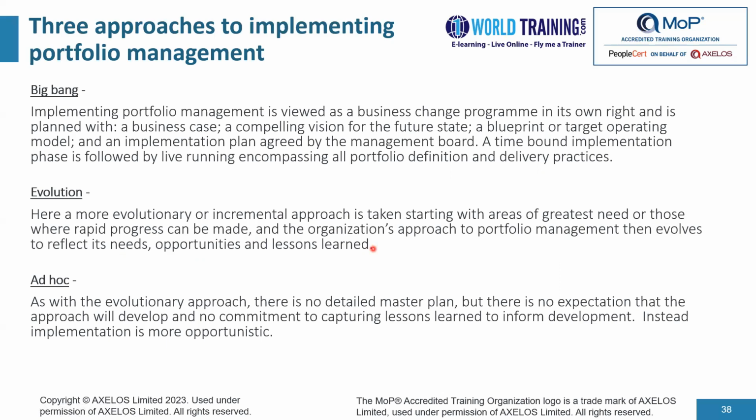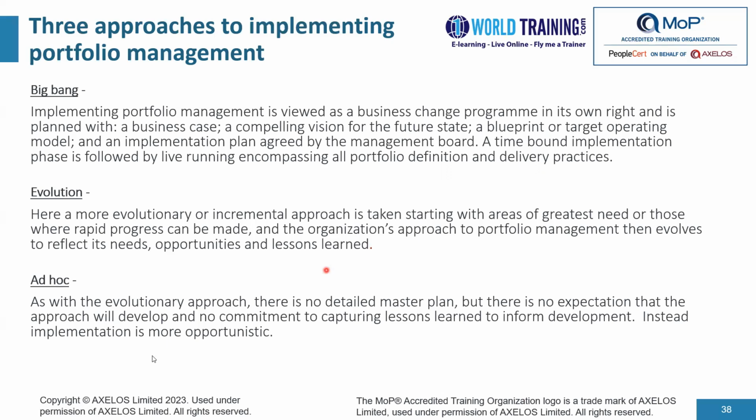So they might want to start off with the understand practice in the portfolio definition cycle. Implement that and see how it goes, and then think about what practices they would like to implement in the next tranche, for example. So that is what evolution is all about.